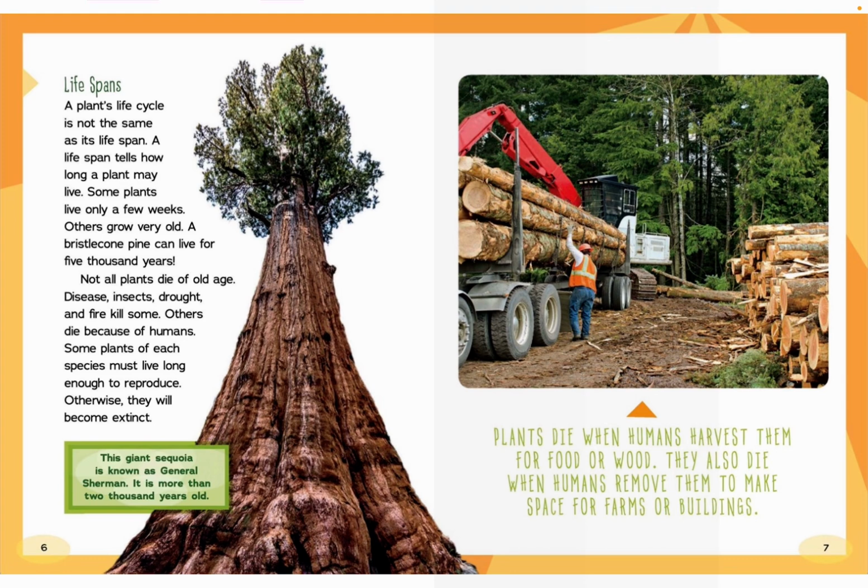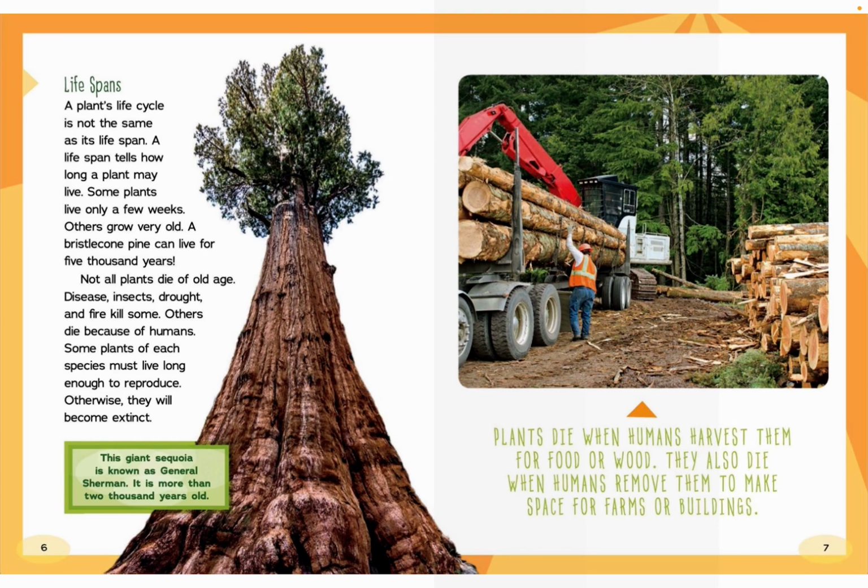Not all plants die of old age. Insects, disease, and drought can kill them. Others die because of humans. Some plants of each species must live long enough to reproduce.